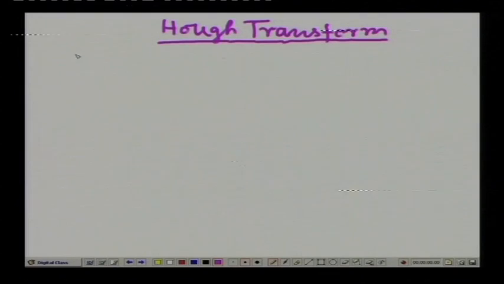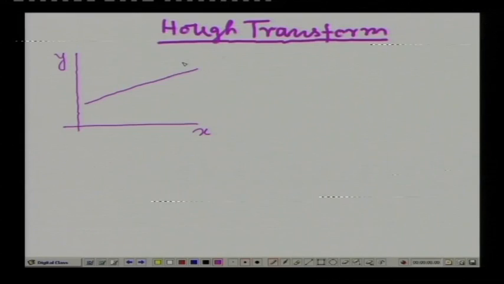Let us take an example. Suppose I have this x y coordinate system and I have a single straight line in it. We know that in the slope intercept form, this straight line is described by the equation y equal to m x plus c, where m is the slope of the straight line and c is the intercept value.